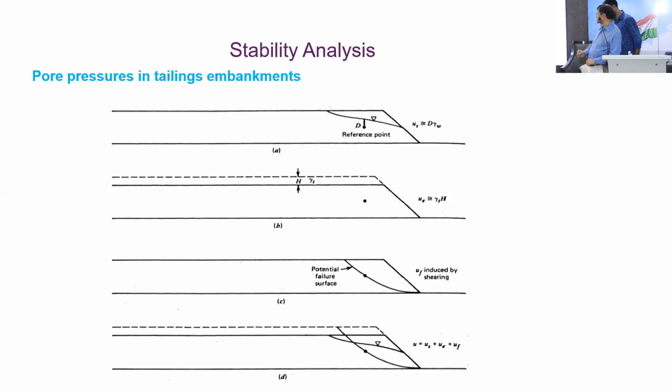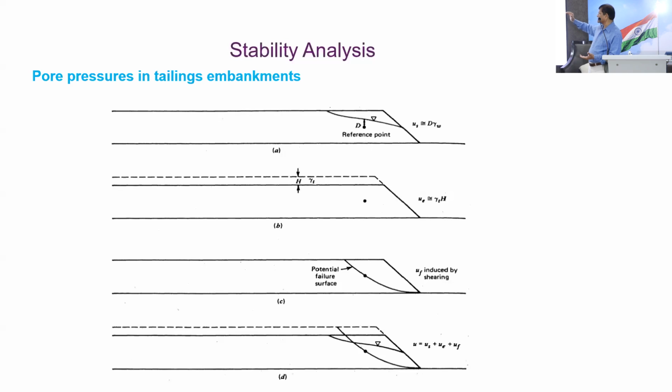Here a simple concept we are showing. Initially when we develop a starter dam, mostly the pore pressure is the load of that dam. So that is the static pore water pressure. US is the static pore water pressure at that particular point.